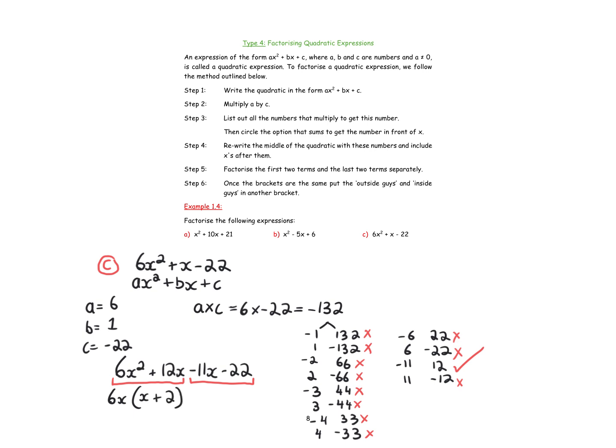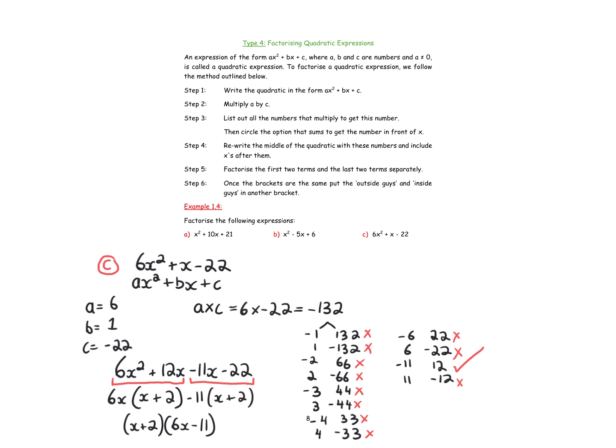And then we say, what can we divide out of minus 11x and minus 22? Well, we can divide a minus 11, and we'll be left with x plus 2. Now that we have the inside brackets being the same, we can divide both by x plus 2, leaving us with x plus 2 times 6x minus 11. Now, once we've got that done, we've factorised the quadratic 6x squared plus x minus 22.